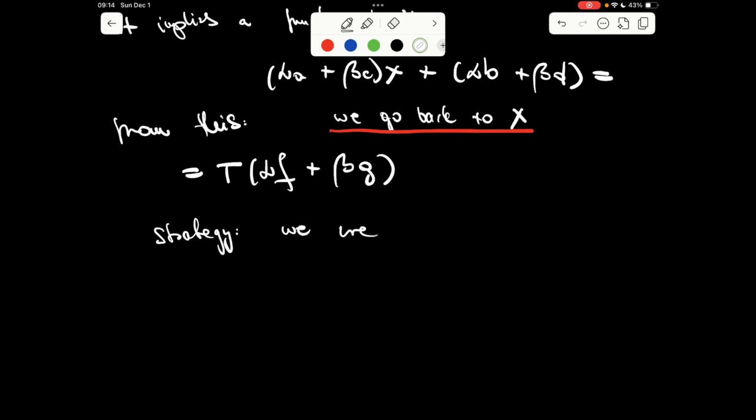We create the point which is in R squared.